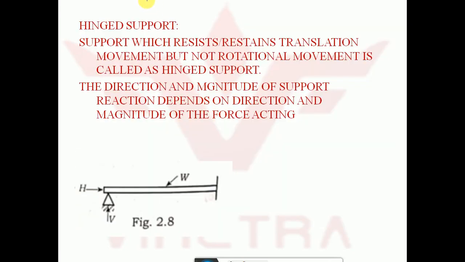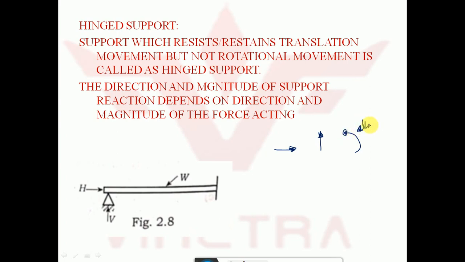Okay. Next is a hinged support. A support which resists or restrains translation movement. Translation movement is nothing but the motion in the horizontal direction and vertical direction. A support which restrains translation movement but not rotational movement, that is, rotation is allowed.